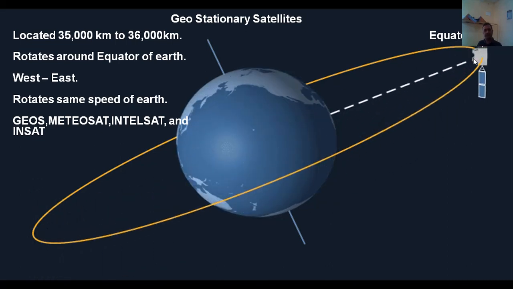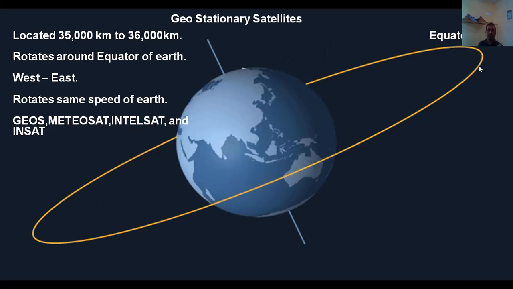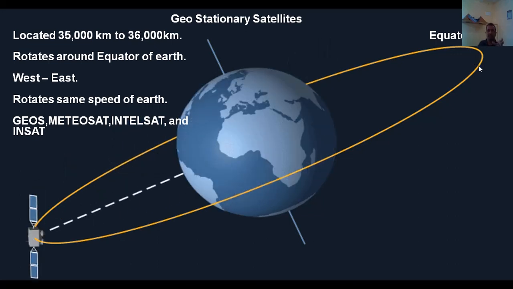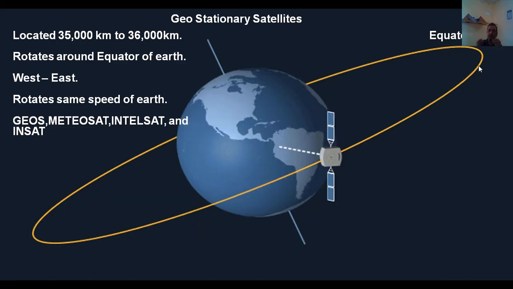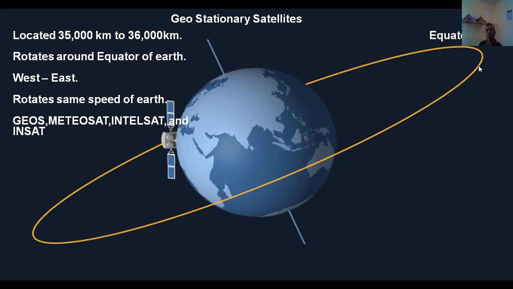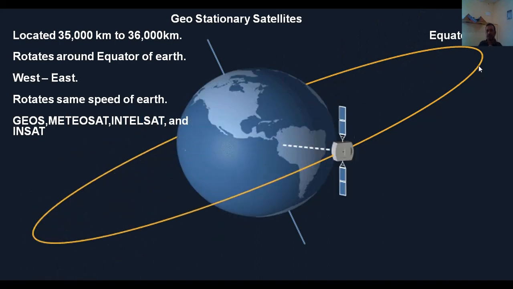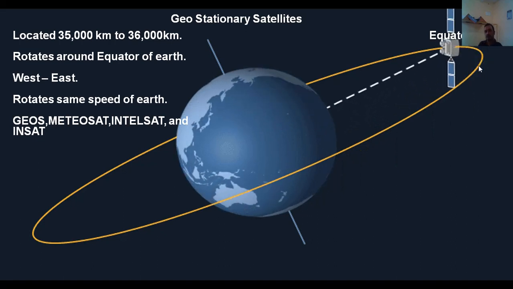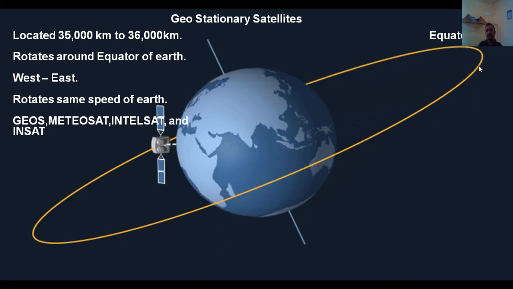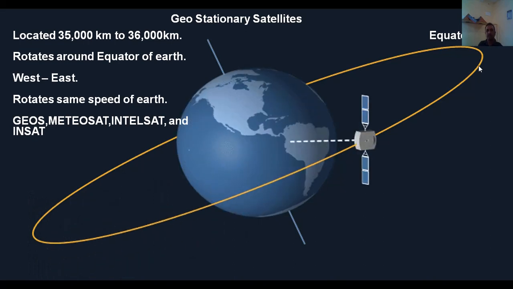That is why this is geostationary. For example, whatever object is placed in the satellite, that object also rotates with the earth surface velocity. So both rotate with the same velocity, that is why it is constantly observing one point at a time. That is called geostationary.